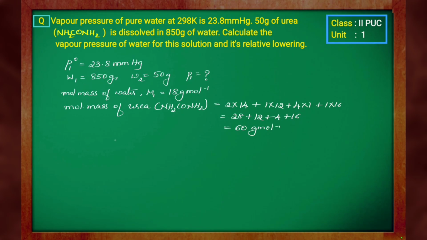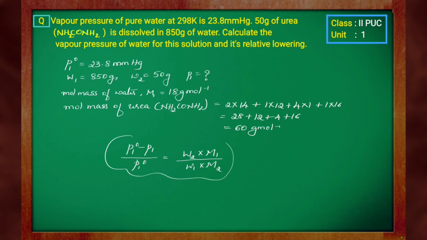And from Raoult's law, we have (P1⁰ − P1)/P1⁰ = (W2 × M1)/(W1 × M2). So let us substitute all the data into the expression of Raoult's law.